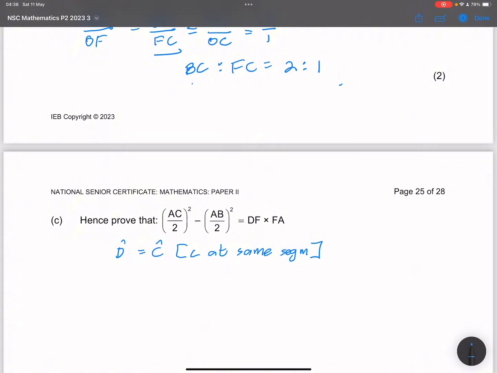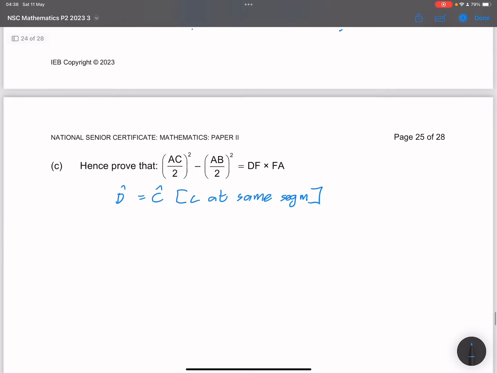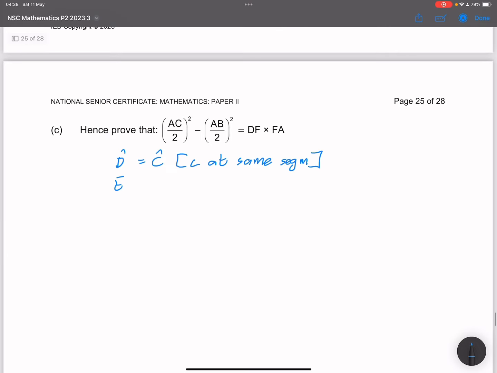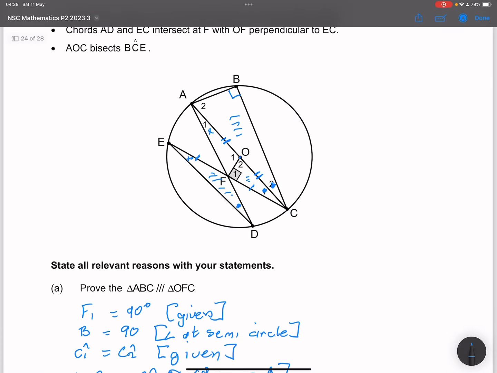And we've got angle E equal to A1. That's E equal to A1 for the same reason, again. Angle at same segment. And in this case, we know that angle EFD and AFC are equal.